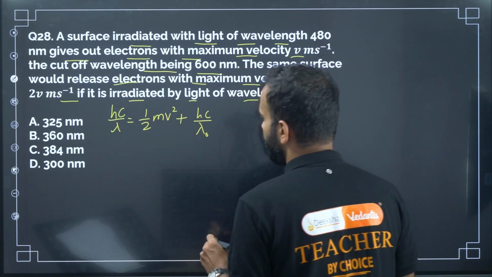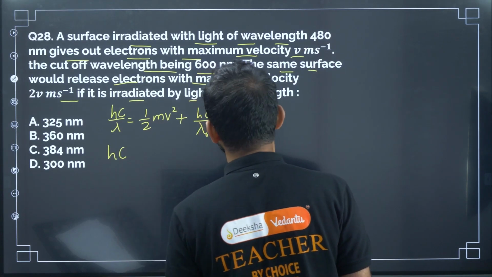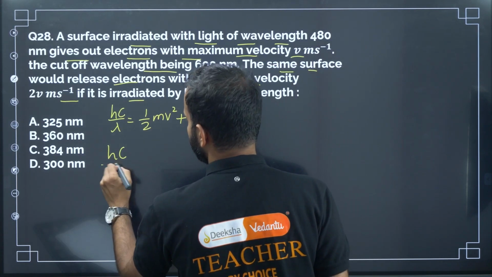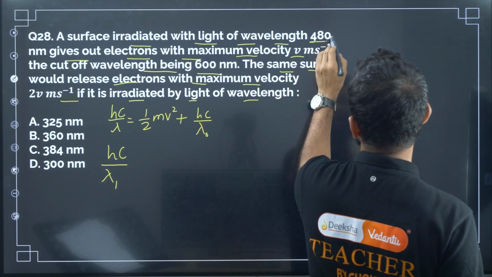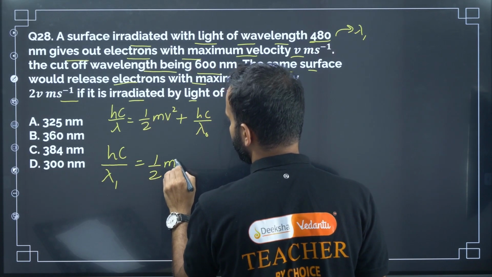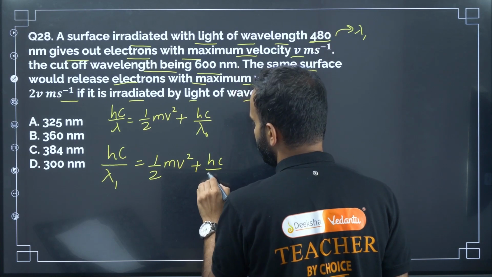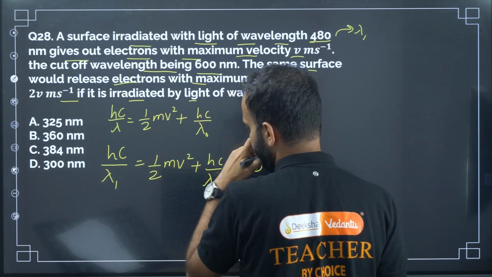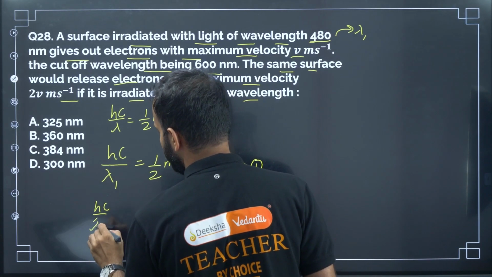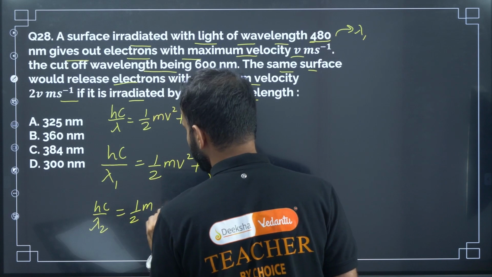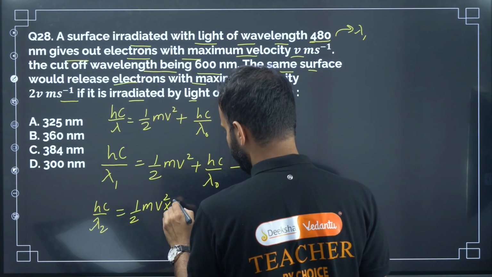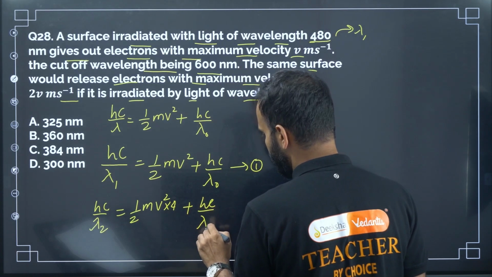So here when lambda is 480 nanometer, let us write the photoelectric equation. hc by lambda 1 is equal to half mv square plus hc by lambda naught, first equation. Now the second wavelength is lambda 2, so hc by lambda 2 is equal to half m into 2v whole square, that is 4v square, so half mv square into 4 plus hc by lambda naught.